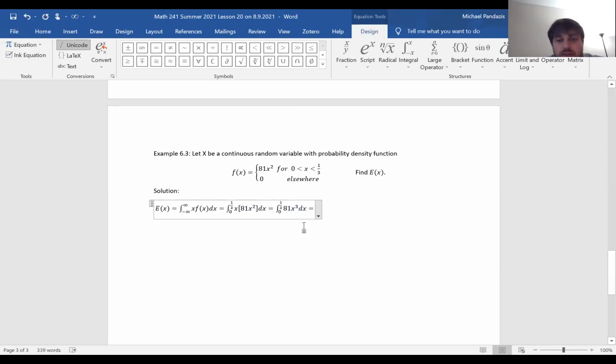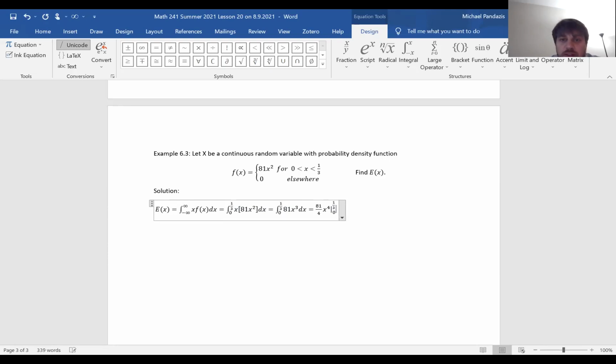Okay, and so now this is equal to 81 times 1/4 x to the 4th. I'm going to move the 1/4 outside, so it's going to be 81 over 4 times x to the 4th. It's going to be evaluated from 0 to 1/3.